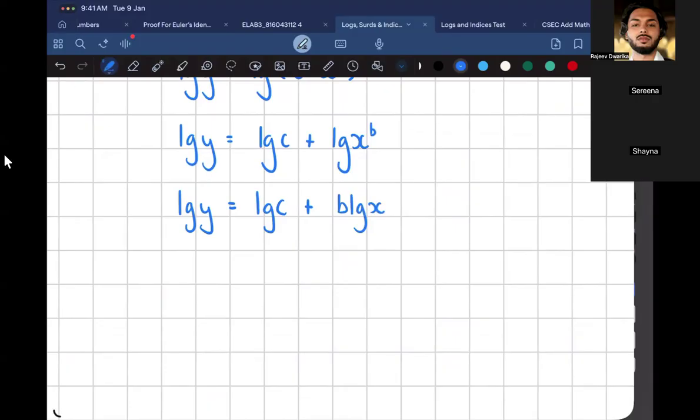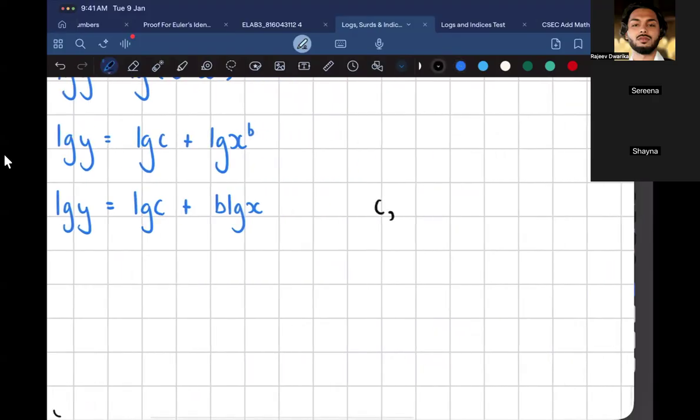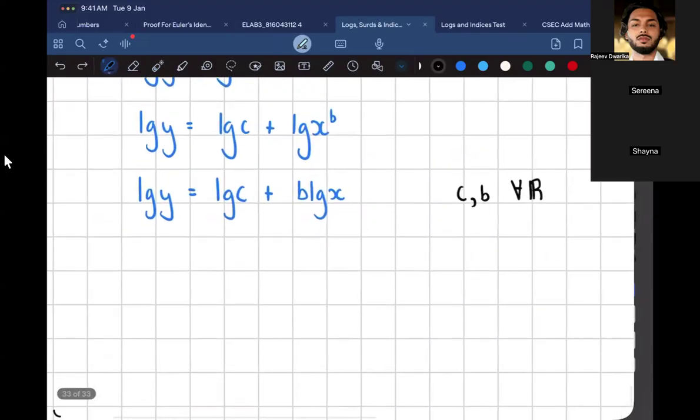No, sir. Nice. And just to remind you, c and b are elements of the real number system, so essentially they are numbers. They're just fancy notation.